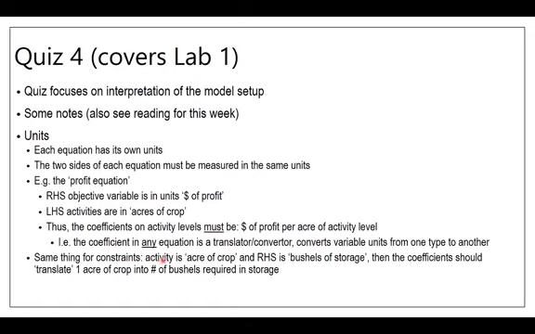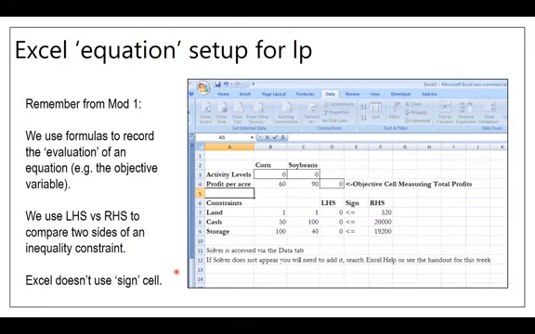If you look at the constraints, you get the same result. The activity is going to be the acre of the crop. If we call the right-hand side for the storage constraint bushels or volume of storage, then the coefficients really should be the yield, or the number of bushels that you take away from an acre of the crop. So let's look at it. You decide to make 1 acre of the corn crop.